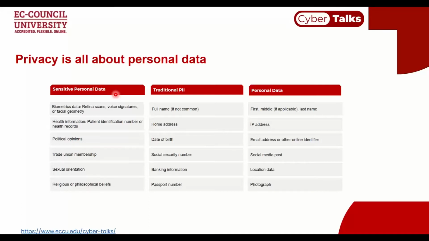It is important when you're building your privacy programs that you focus on all this personal data, whether it is publicly available or private. Your privacy program has to define why you are collecting any of this personal data, and you should be clear on how it is being processed.